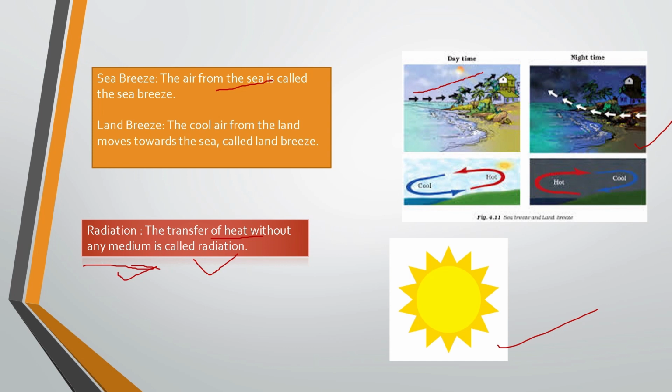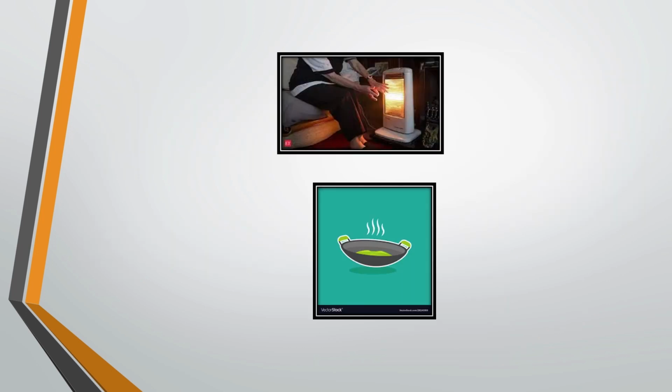Let us study it in a little more detail. Nowadays you can see at your home also, like when we sit in front of a room heater we get heat by this process, and a hot utensil kept away from the flame cools down as it transfers heat to the surroundings by radiation.